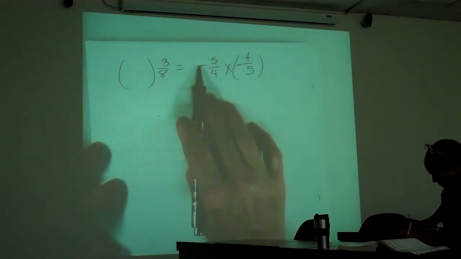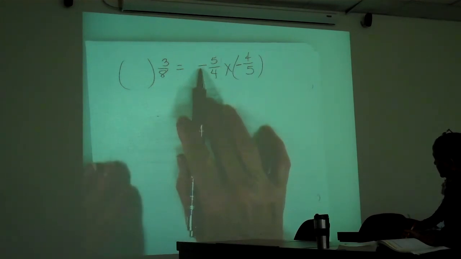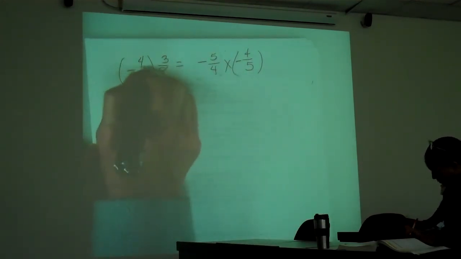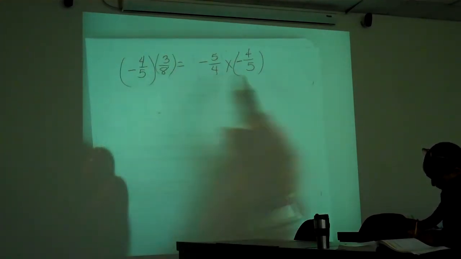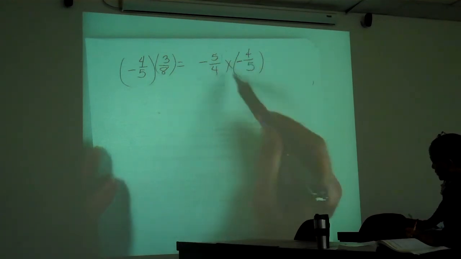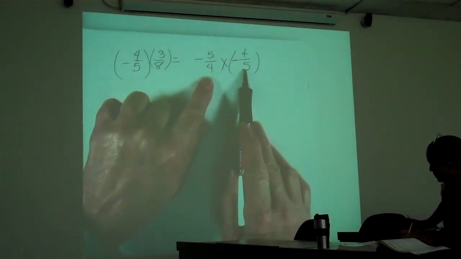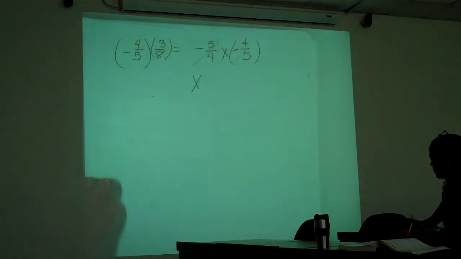Negative times negative will make it positive. So keep the sign and flip it over. Put that on both sides. This one will cancel out. It'll be a positive 20/20, which is 1. 1 times x is just x. So they cancel out and make 1.